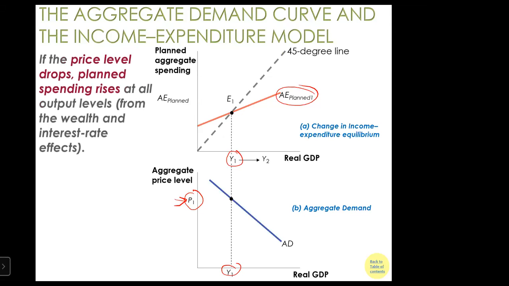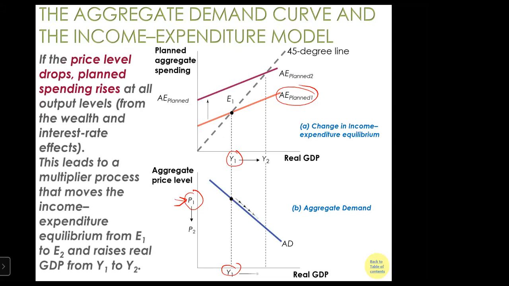Now, if the price level falls, okay, by the way, this P1 corresponds to this line, and P2 will correspond to this line. And why is that? It's because of the wealth and interest rate effect we just talked about. Okay. Now you can see P2 will generate a Y2. P1 gives us a Y1.